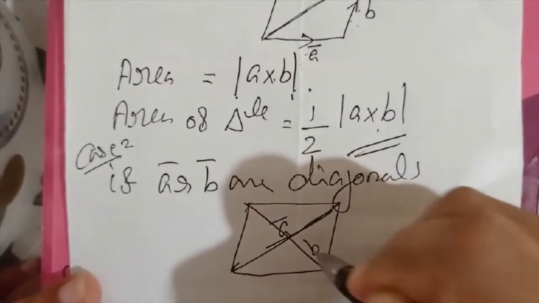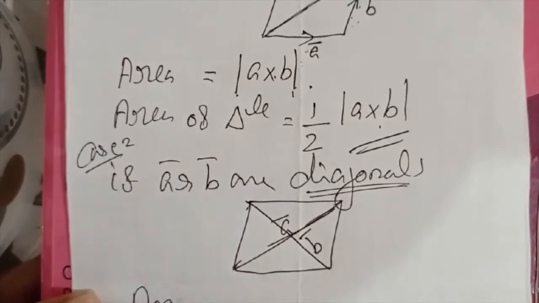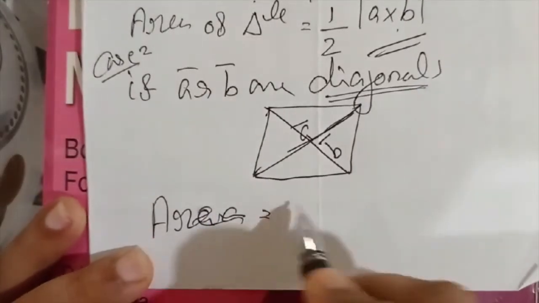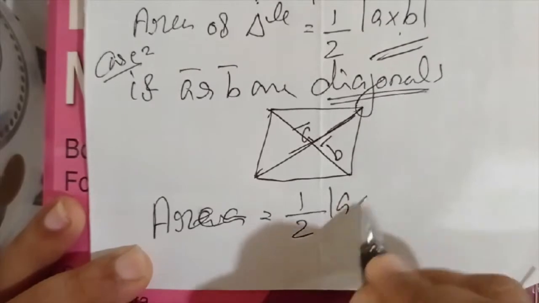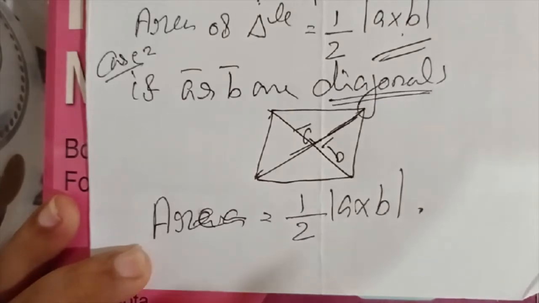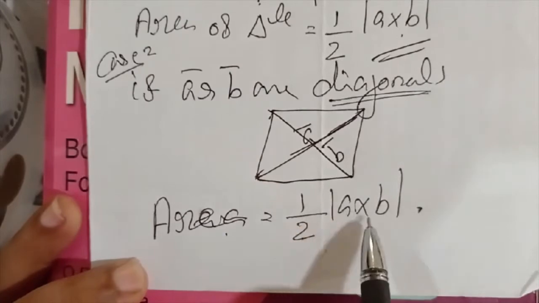A and B, in any order you can take. Then write area is equal to half mod A cross B. If A and B are the diagonals, then what is the answer? Half mod A cross B.